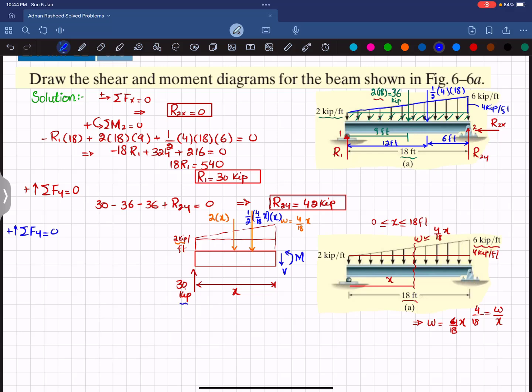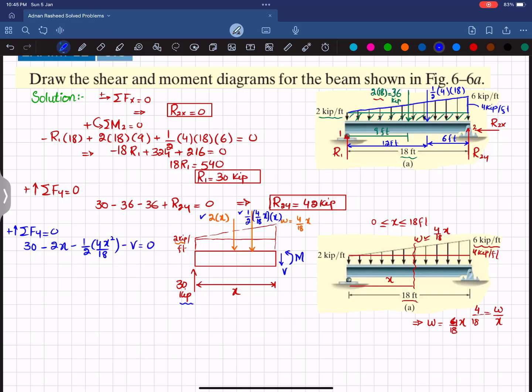So you can see 30 kips is upward. So 30 minus this 2x which is acting downward, so I can write minus 2x, minus this load which is 1 over 2 multiplied by 4x square divided by 18. Clear? That is minus V is equal to 0.